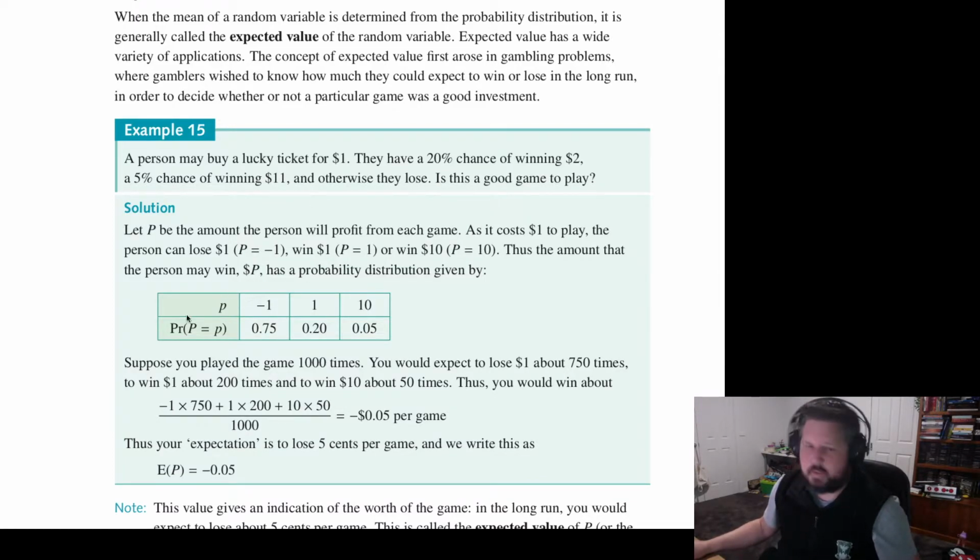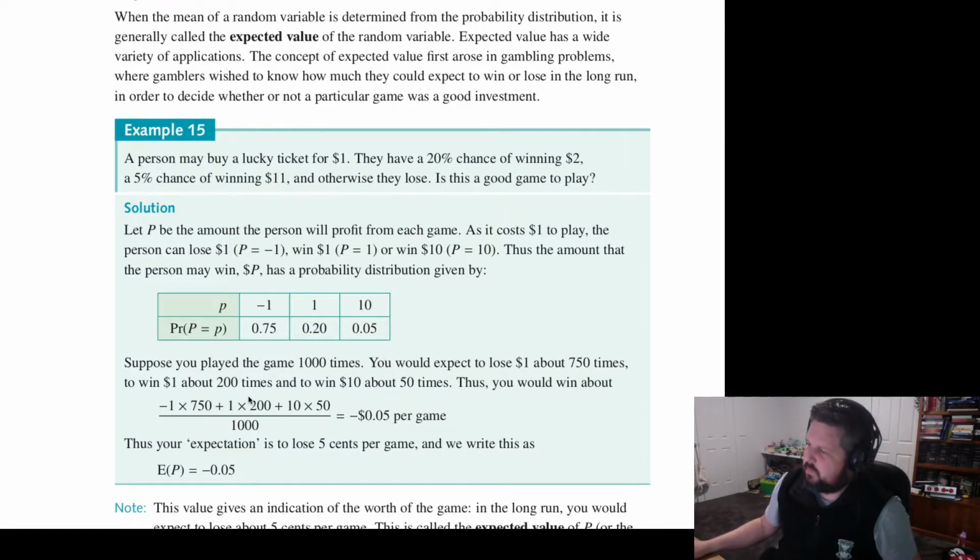So the table that is created is listed here. Obviously, 20% chance of winning the $2, the $1 and the $1 that you win is here. The $11 is the $10 plus the $1 you put in, at 5%. Obviously, if those two are 25%, losing has a 75% chance. So that's how they came up with that.